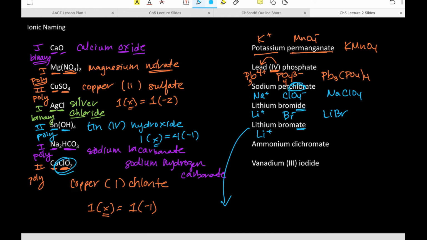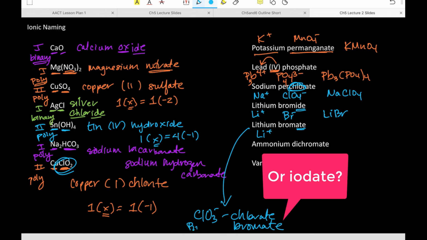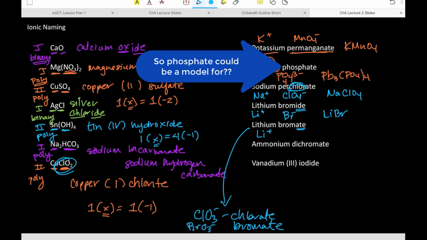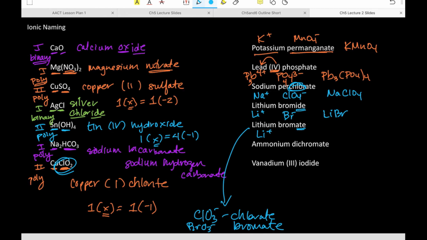So if I know that chlorate is ClO3 minus, then if I wanted to talk about bromate, which is in the same group, I know that by extension it's going to behave similarly, right? Like if chlorine is capable of bonding to 3 oxygens and forming a polyatomic ion with a charge of -1, bromine is likely to behave similarly because they're in the same group, going back to group properties, right? So BrO3 minus, so LiBrO3, okay?